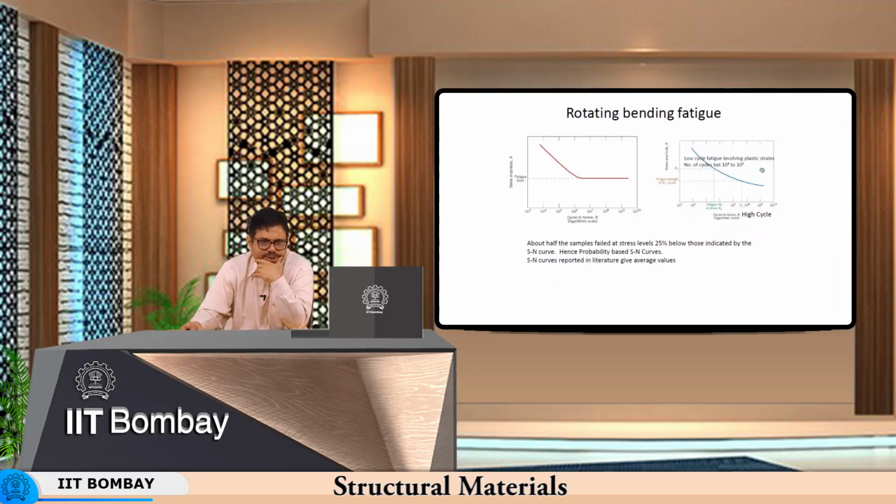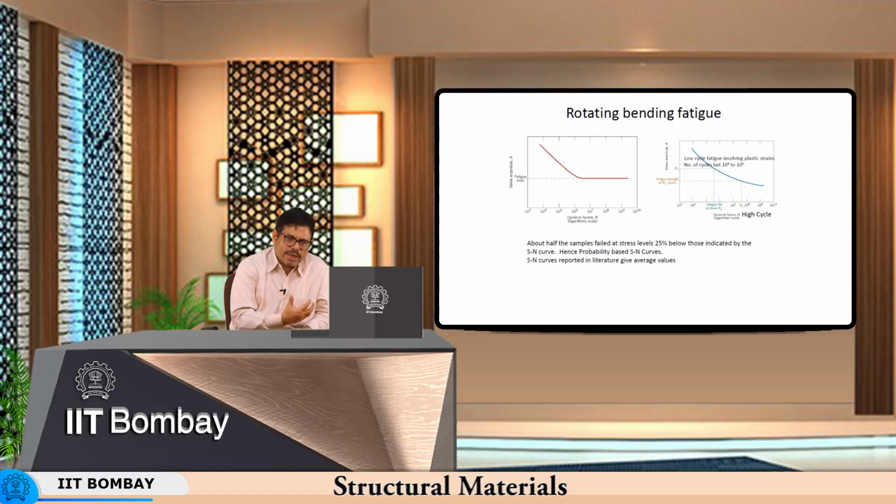So, rotating bending fatigue has the stress amplitude with number of cycles to failure as something like this. Beyond a certain number of cycles, the stress amplitude becomes independent of the number of cycles. So, basically what it means is that if your loading becomes lighter and lighter, then the material will withstand it, or the fatigue crack will not propagate at all.